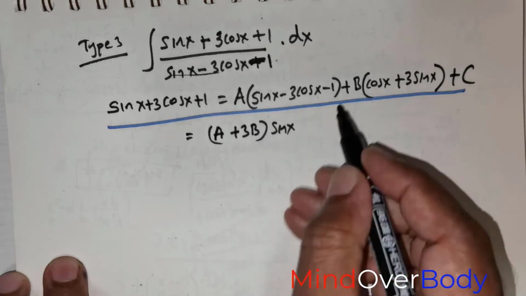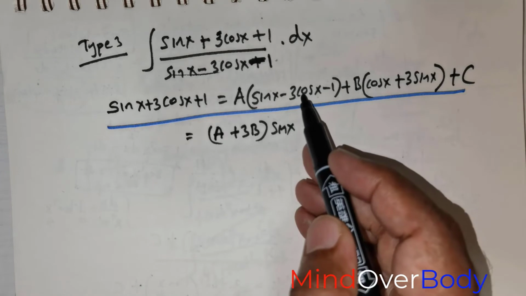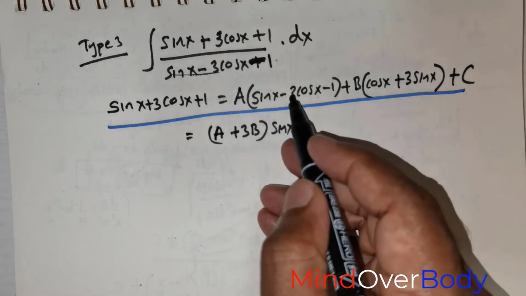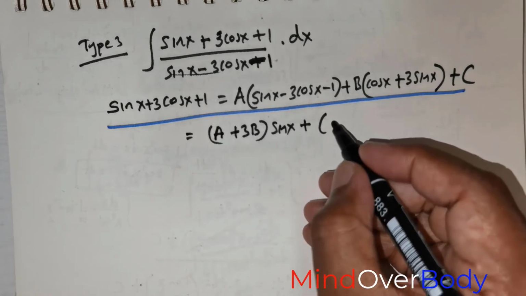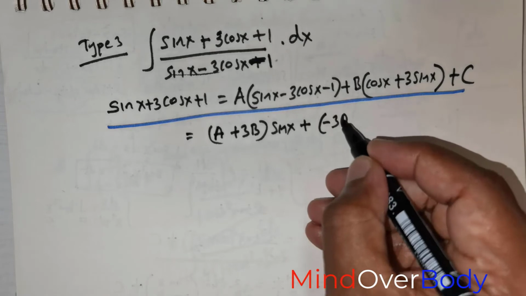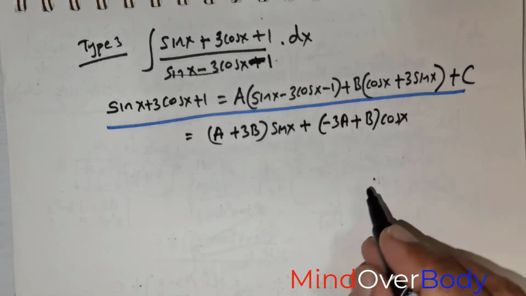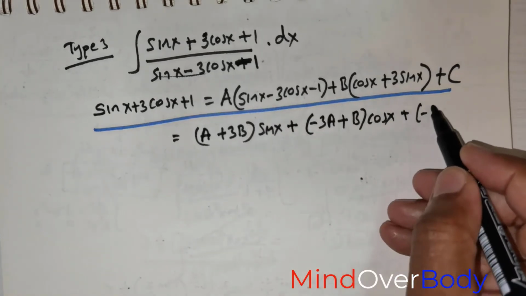As I mentioned to you, we are gathering the coefficients of sin x and cos x together. Now in cos x it's going to be 3 times a with a negative sign, and b. So this is going to be negative 3 times a plus b times cos x. That's fine. Now the constant term, what is the constant term? A times negative 1, so negative a.